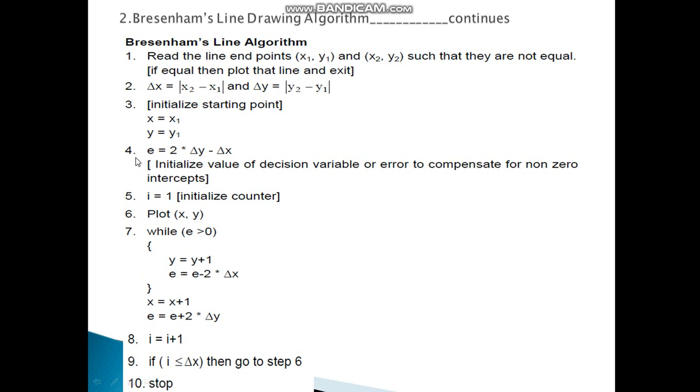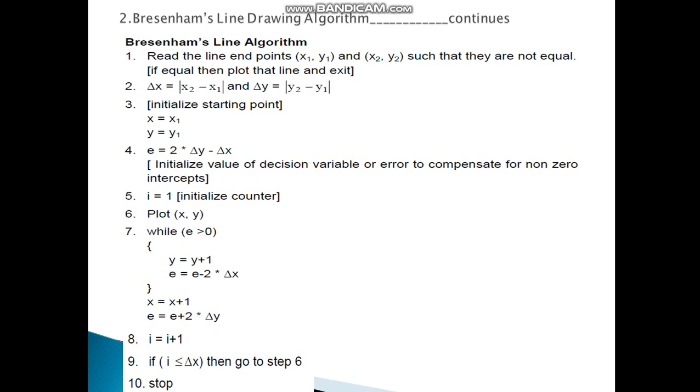Then go to step 4. Step 4 is E equal to 2 times delta y minus delta x. Then step 5 is i equal to 1, initializing the counter.